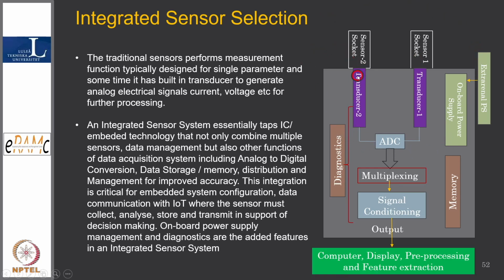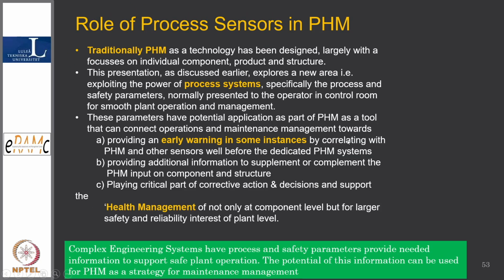So the sensor is on board, the transducer is on board, and then ADC multiplexing, and then the multiple outputs will go out, and this will go to the end application. So you see all the modules we have built onto one chip, and not only that, diagnostics also it should perform the way we have said. So these types of sensors are called integrated sensors.